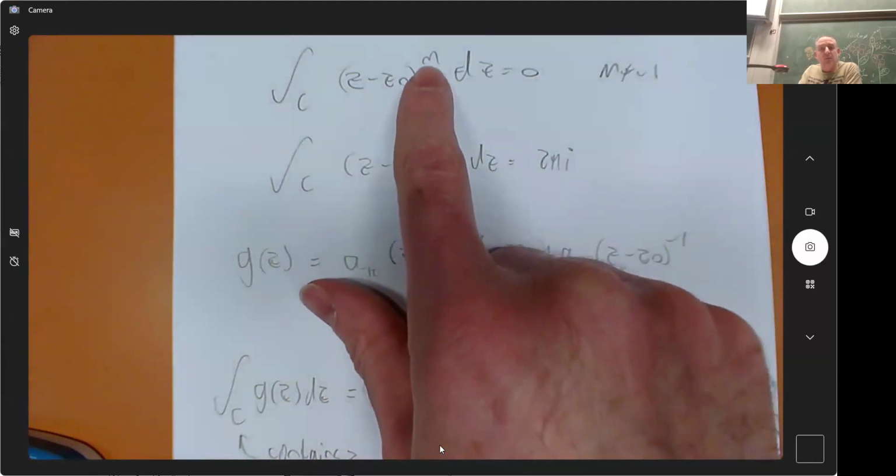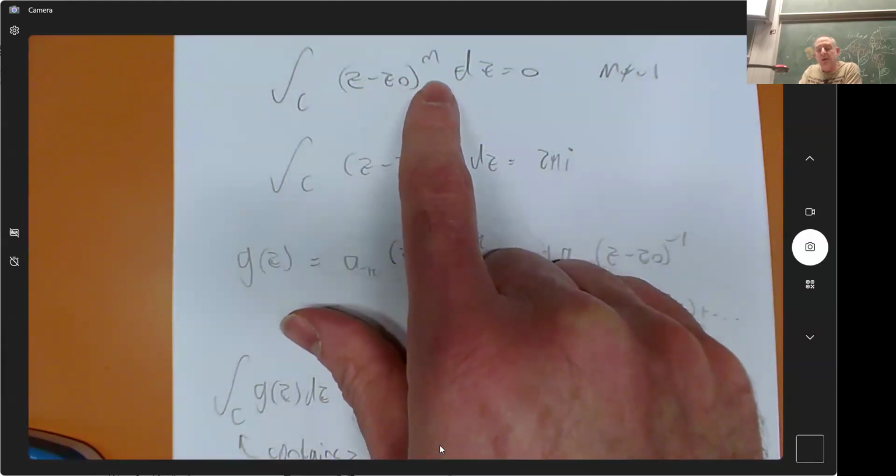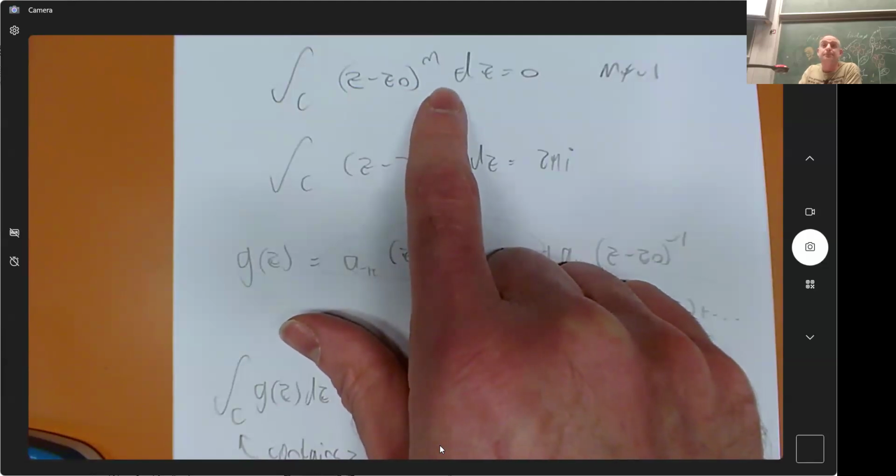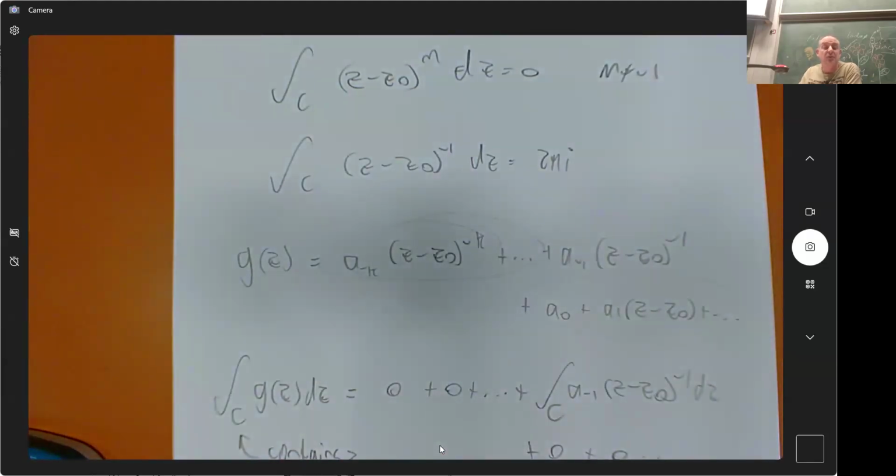But for the negative m's, like -2 downwards, it still comes out to 0 anyway, which is amazing, really. And it's mainly because you get exponents. You can actually integrate z to the -2. You can't integrate z to the -1 without using ln, and that's what causes the issues. So, there you go. Feeling all right?